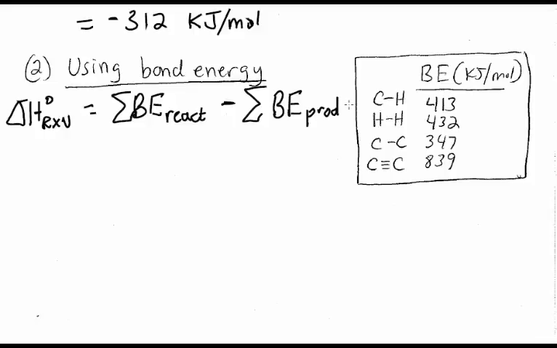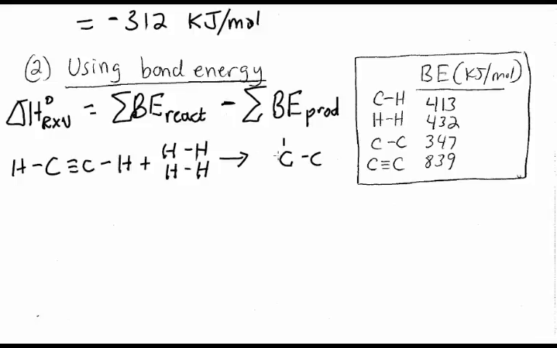Okay, so you have to be able to draw the Lewis structures, and the Lewis structure for C2H2 has a carbon-carbon triple bond and 2 hydrogen atoms. Then 2 H2s is 2 HH molecules. And those react to form C2H6. I won't draw the H's on there, but there's a H on each of those lines.